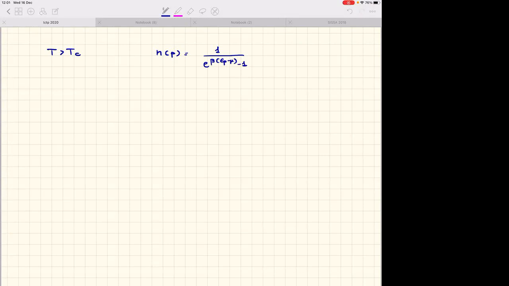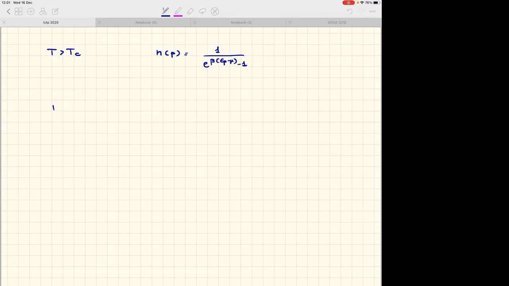And this is true also for P equals 0, which is the ground state. Now, you see that this is just a number. It's not something that scales with the volume. So this is what I mean. For T greater than Tc, all states are occupied in a standard way by a finite number of particles.